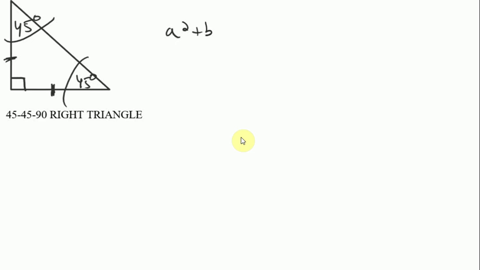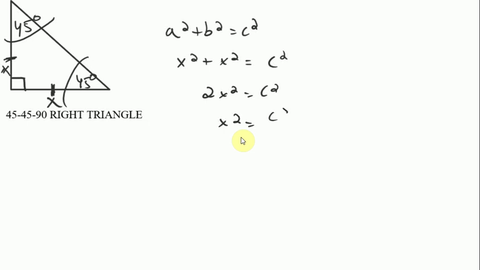A squared plus b squared equals c squared. Let's call one of these sides x. This side will then also be x. Then x squared plus x squared equals c squared. 2x squared equals c squared. X squared equals c squared over 2.